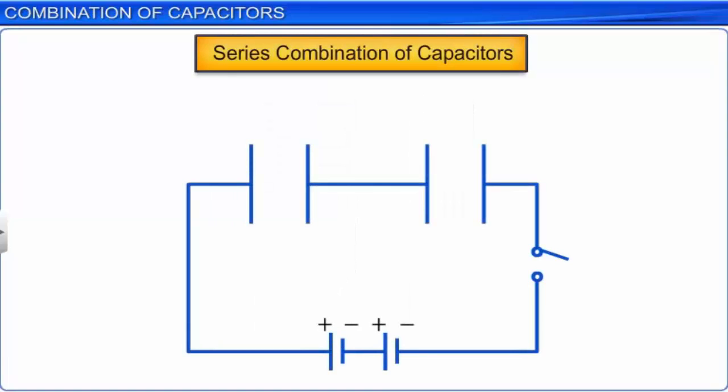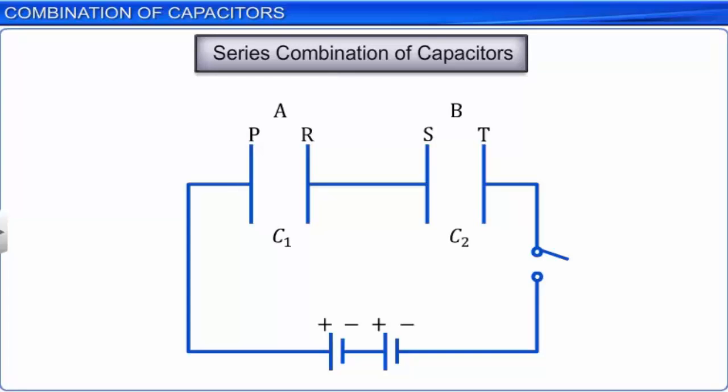Let us first discuss the series combination of capacitors. Consider two parallel plate capacitors, A and B. The plates of A are labelled P and R, whereas the plates of B are labelled S and T. Let the capacitance of A be C1 and that of B be C2.